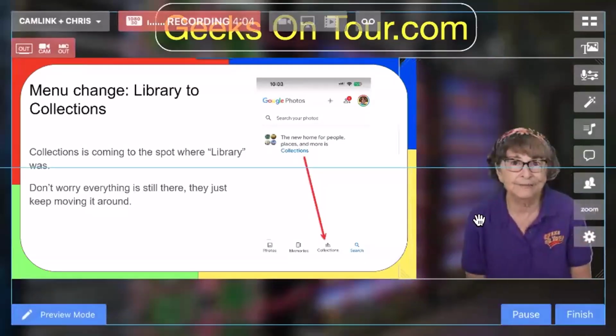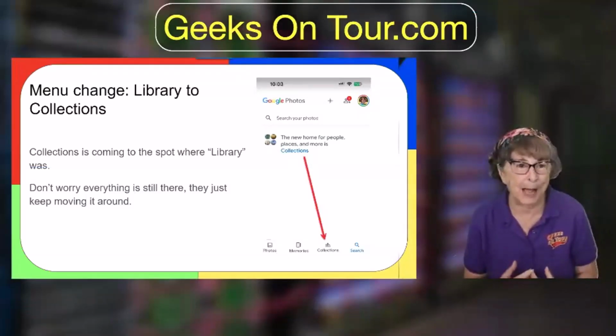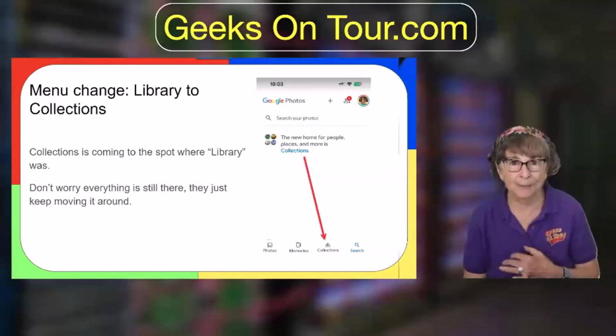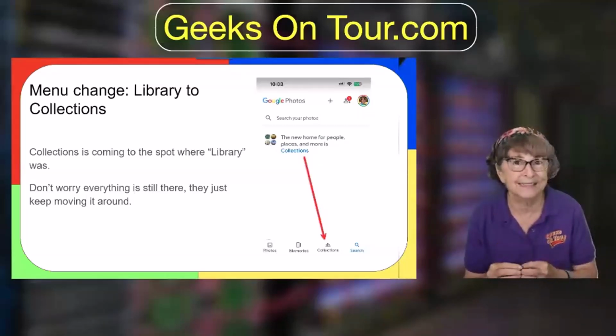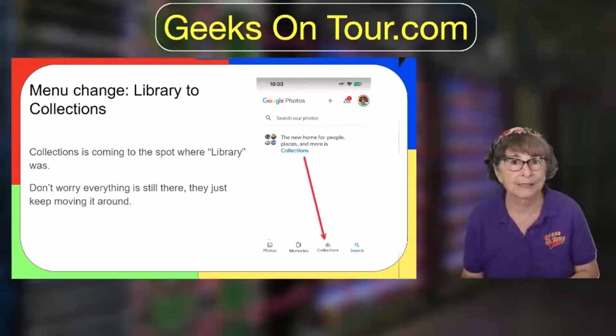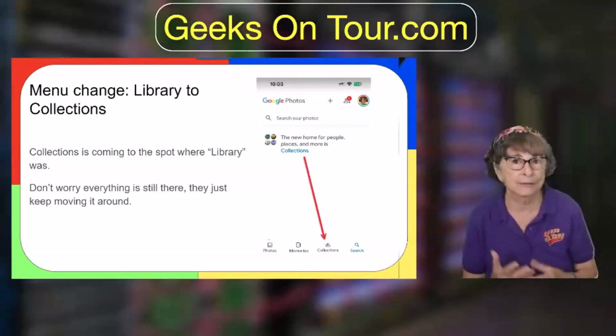I actually kind of like this change, except for not being able to find anything for a little bit. It puts albums and people groupings and places all under collections, where people used to be under search, now it's under collections. And if you don't have that, just wait.